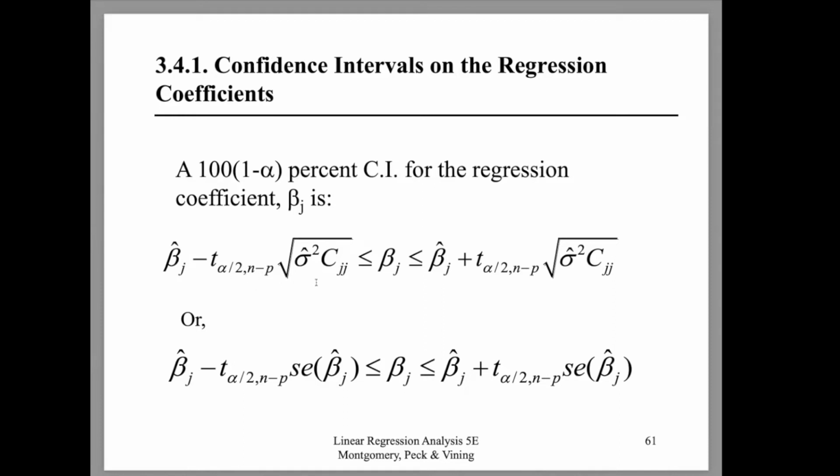So this margin of error is equal to the product of this interval coefficient, which in this case comes from the t-distribution, and the estimated standard error of beta hat sub j.